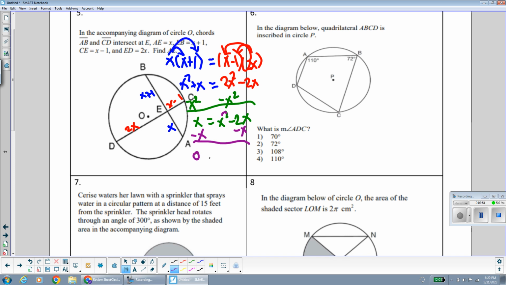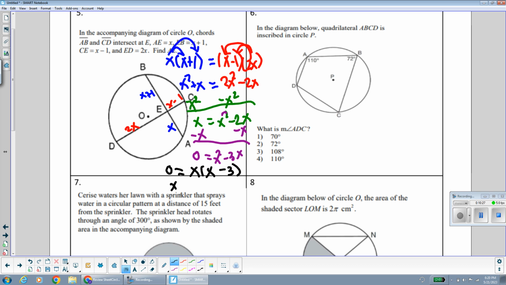So I have 0 is equal to x squared minus 3x. I don't have a trinomial, so I can't do what multiplies to the third term and adds up to the second term. But I do notice that there's a GCF in common. The x is in common. So I'm going to factor out the x. And when I factor out the x, there's an x left over because x times x is x squared. And there's a minus 3 left over because x times minus 3 is negative 3x.